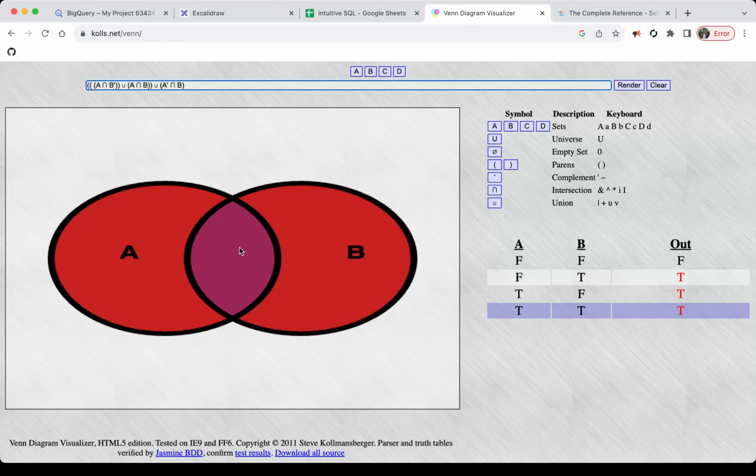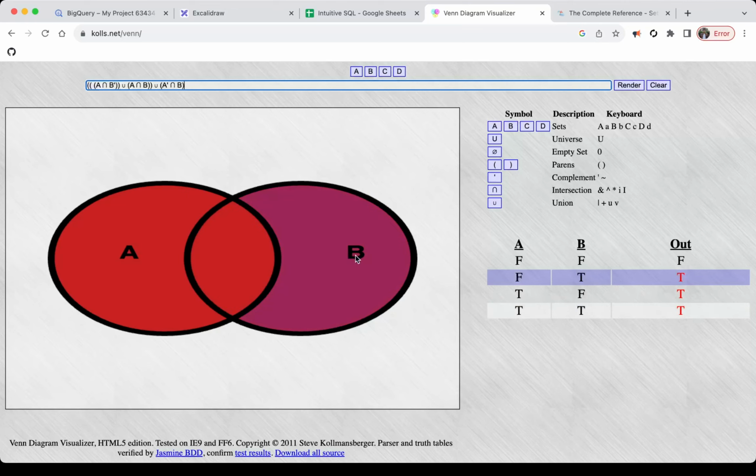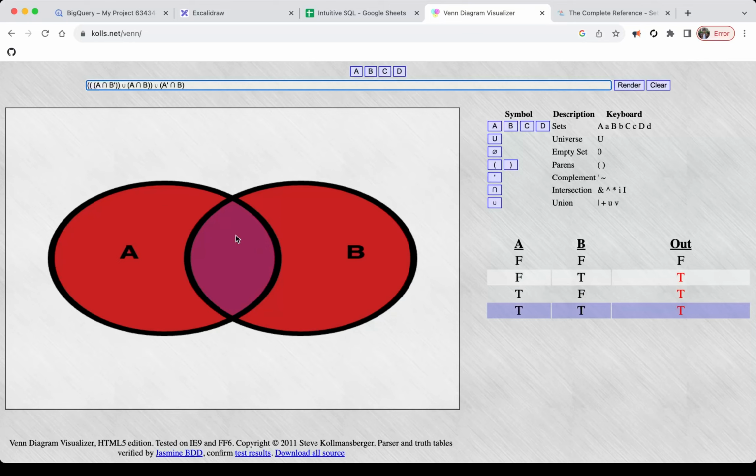What do you do with this double counting? Do you keep it or discard it? If you do union all, you will keep it, so rows that are in common between A and B will be duplicated; you will see them twice. But if you do union distinct, you will discard it, and so you won't have any duplicates in the results. So that's one way to think about it in terms of sets.